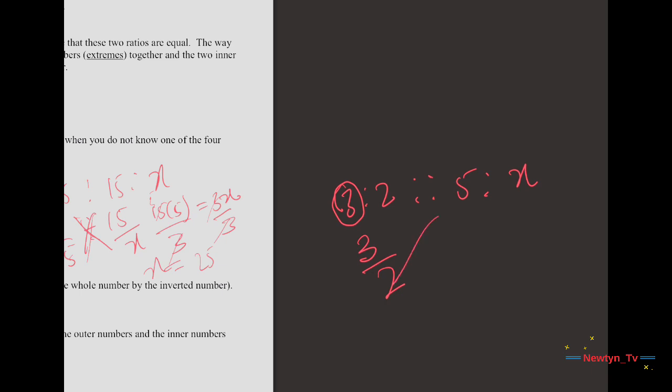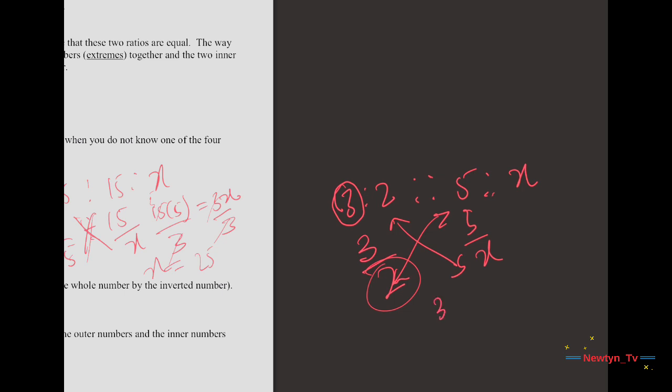Then with cross multiplication, 5 goes as a numerator and x goes here as the denominator. It's like we are matching this one to this, then matching this one to this. Then we multiply across and get the answer for x, right?